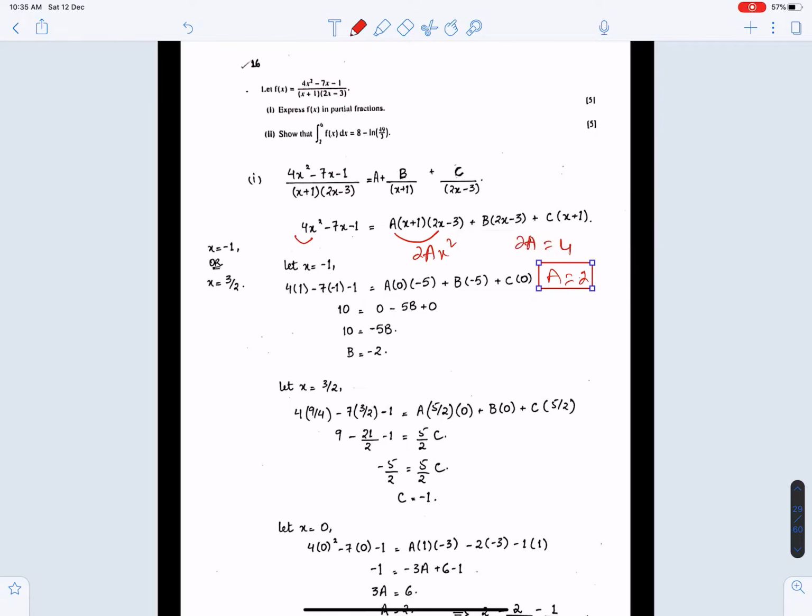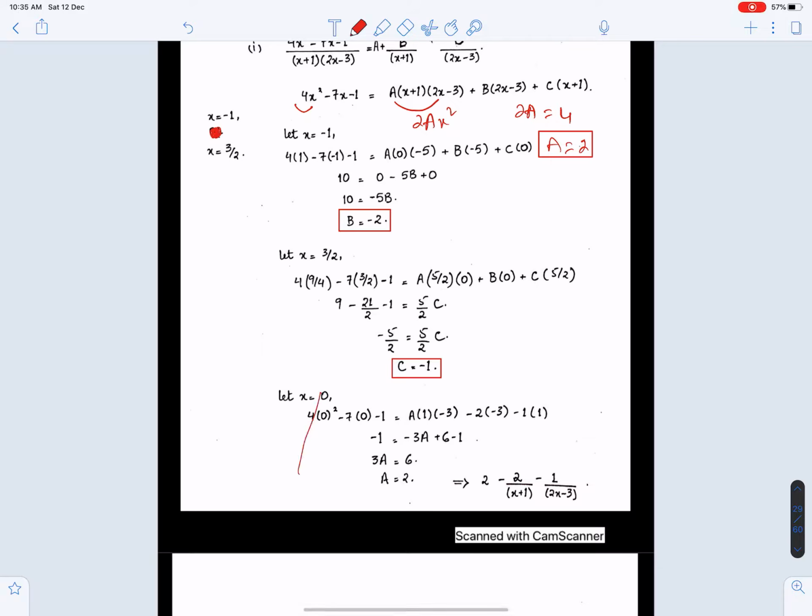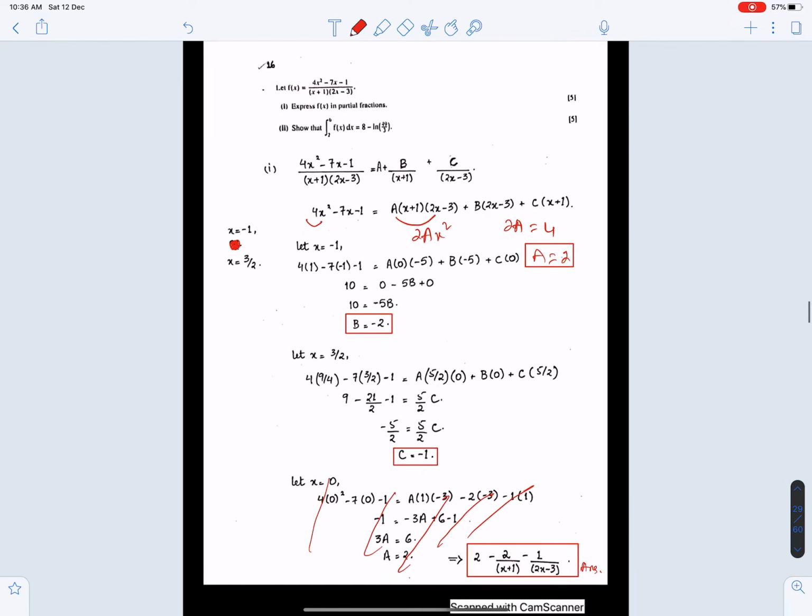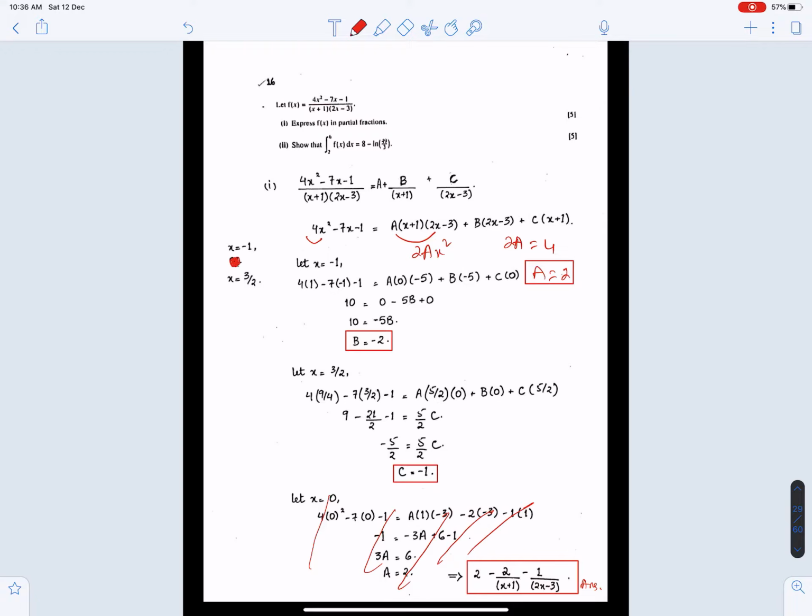And after getting the value of a, substitute these values, minus 1 and 3 upon 2, one by one, to get the values of b and c. So this is the final answer. Always find the value of the first unknown constant in improper fraction by comparing the coefficient method.